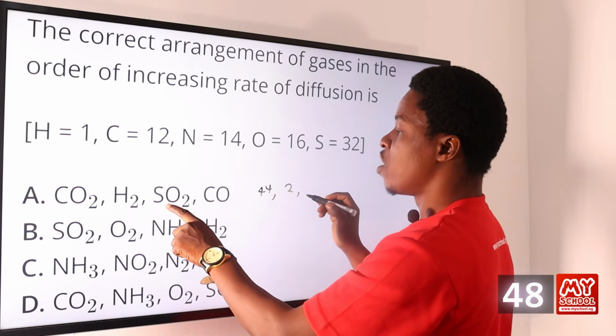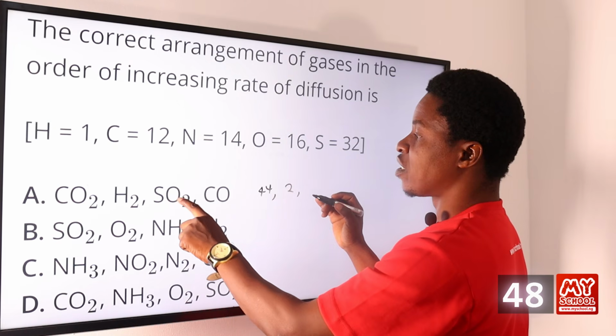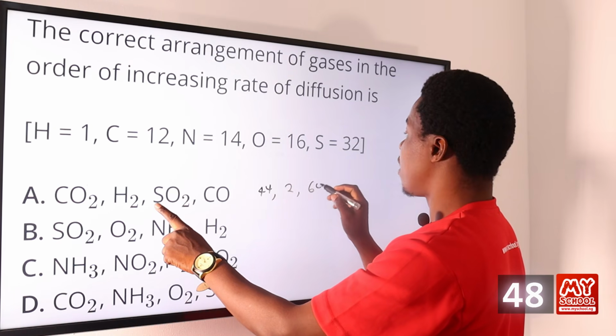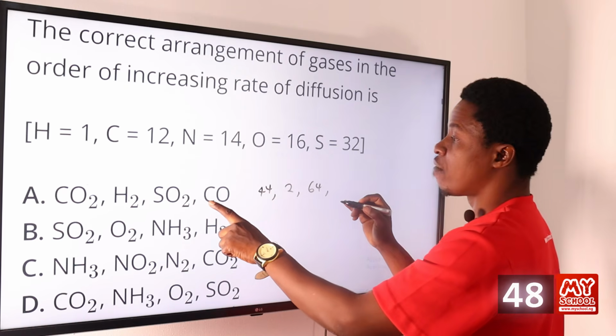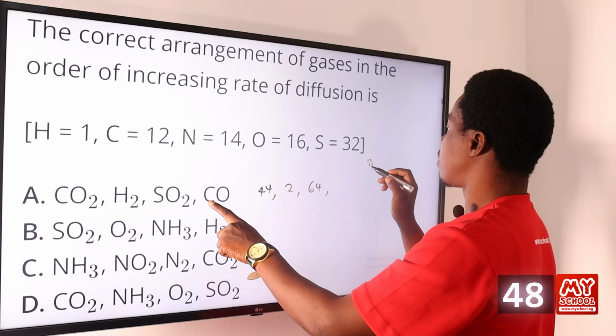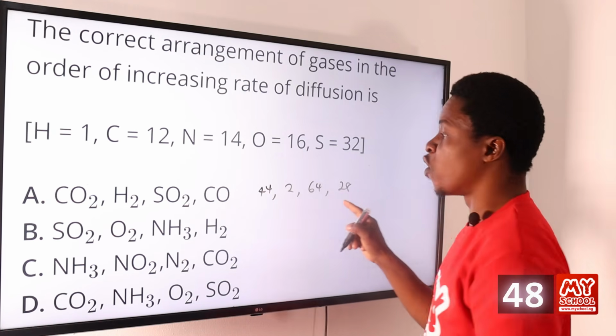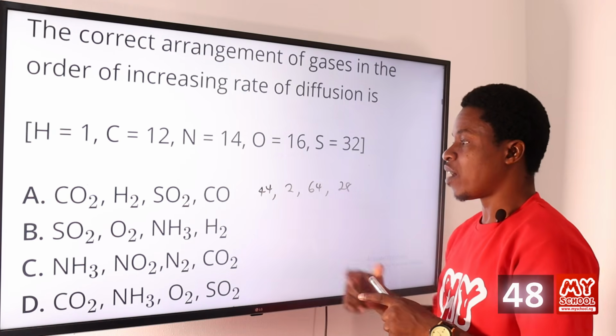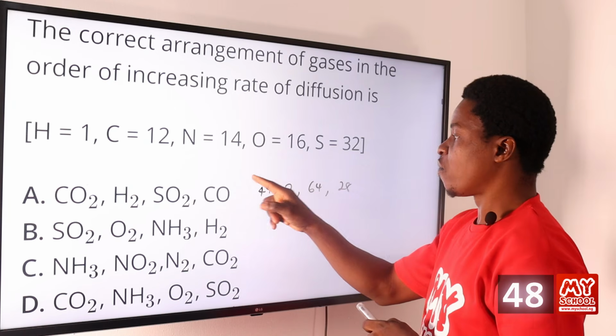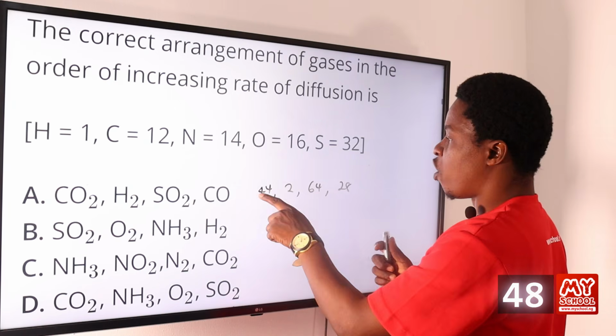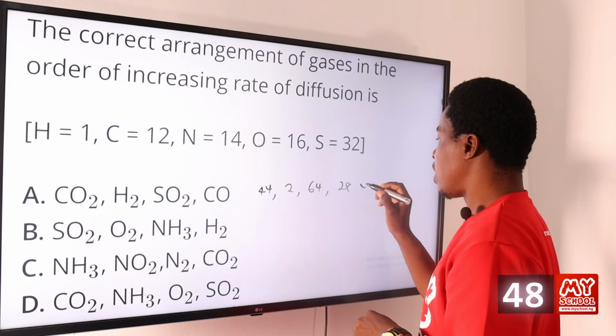Then SO2: sulfur is 32, 32 plus 16 times 2, 32, that's 64 here. Then we have carbon monoxide: carbon is 12, 12 plus 16, that is 28. Of course, you can see this one does not follow in increasing order. We have 44, so if we had 64 here, we would have followed that. So 44, 2, 64, 28, so this actually is wrong.